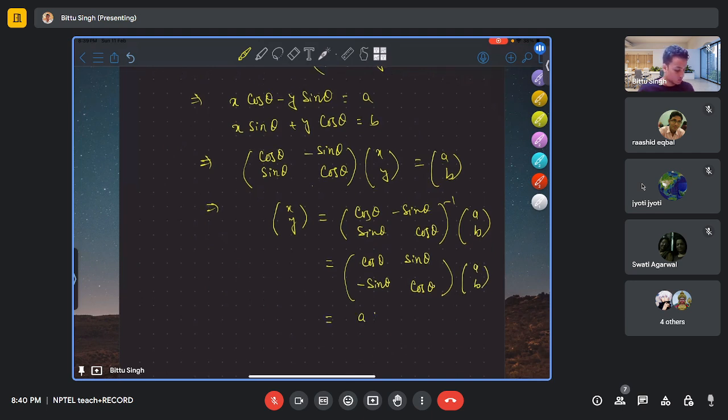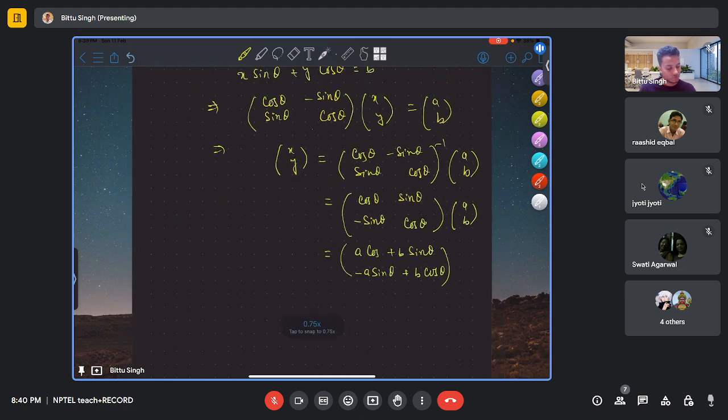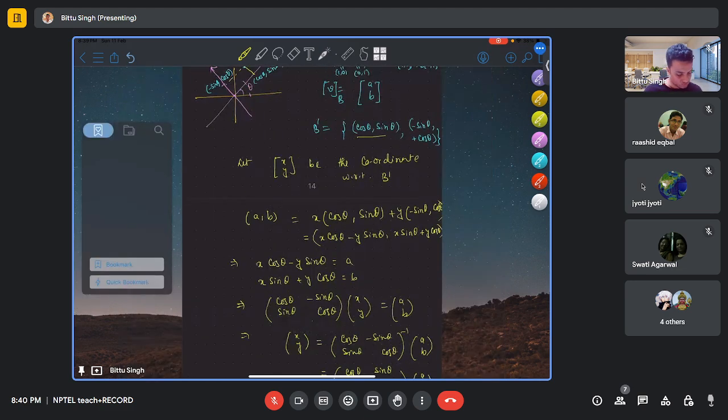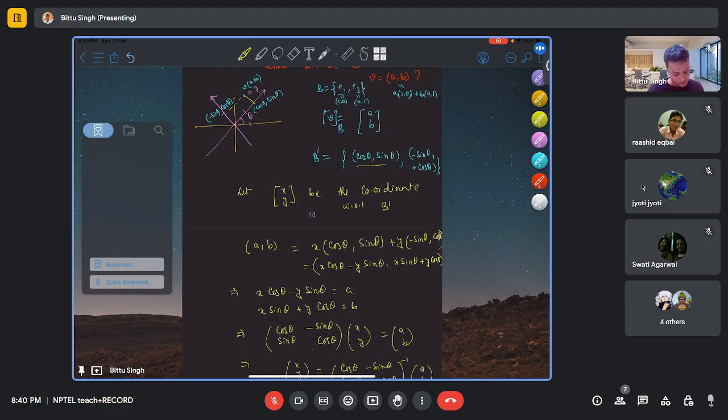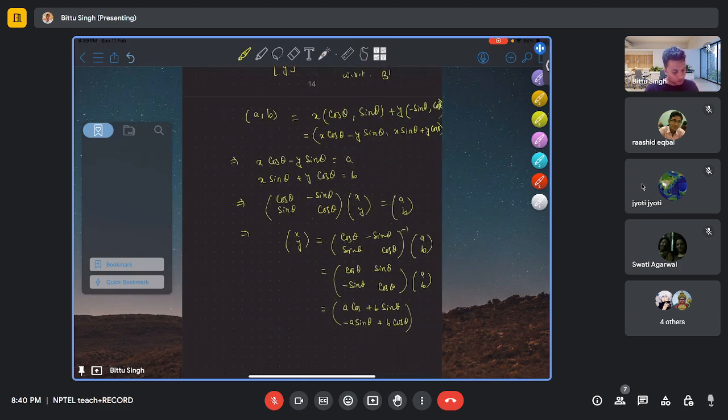So it is the same as (a cos theta plus b sin theta, minus a sin theta plus b cos theta). Therefore, you can conclude that x is this and y is this.